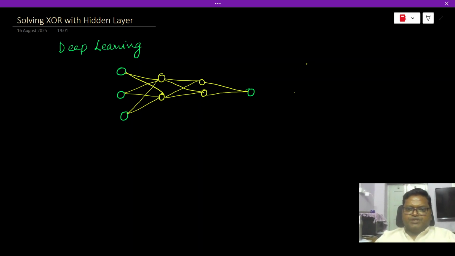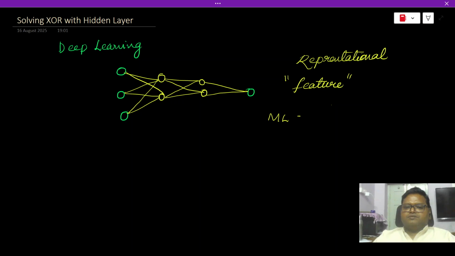Because of these hidden layers, the representational power is exponential. It can learn the data very deeply, and it can extract the features. Remember one point: in machine learning, the features are extracted manually. Machine learning, manual feature extraction.